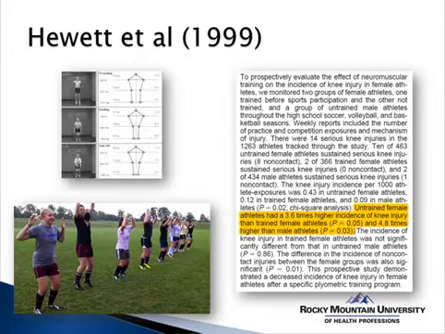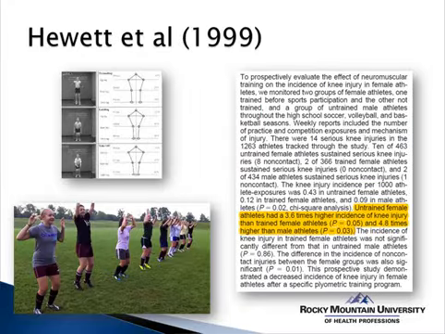And what they found after the course of the intervention, which I believe was 6 weeks, I'd have to go back and double check that, was that after participating in the program during the season, the untrained females had the greatest risk of injury. Their risk of injury was higher than both the trained females and the males who received no special training.